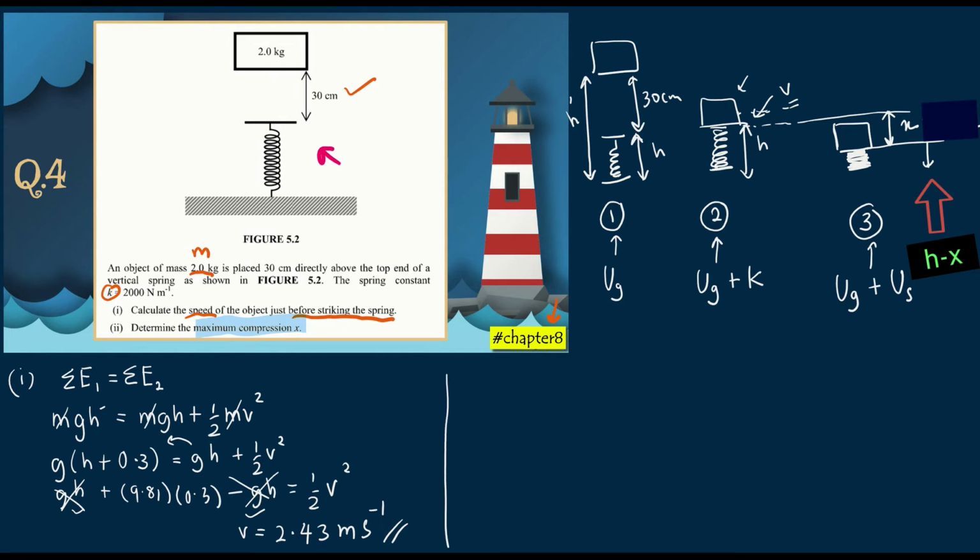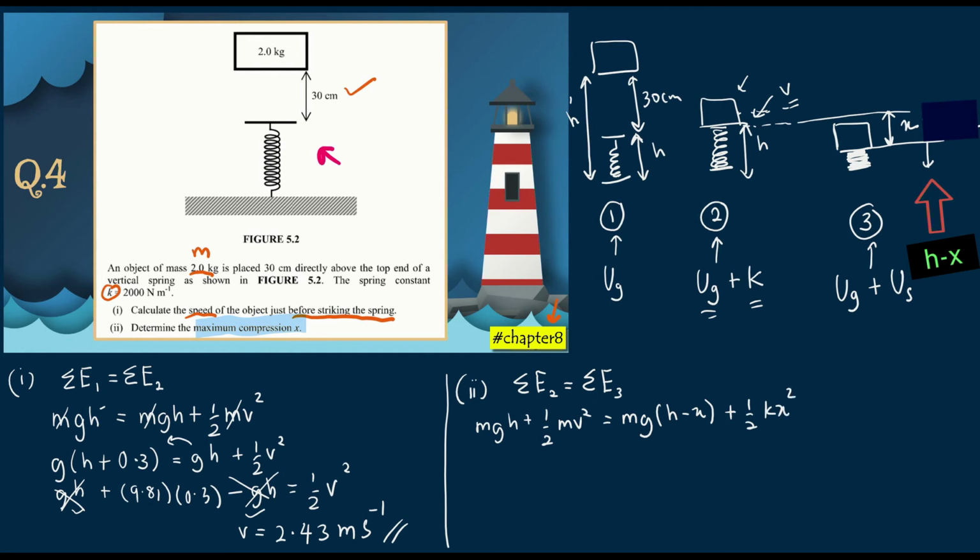So to solve number 2, determine the maximum compression, we again do the summation of E for situation number 2 equal to the summation of E for situation number 3. Now we substitute the values. For number 2 we have U and K: mgh plus half mv squared. And for number 3 we have mg(h minus x) plus half kx squared.